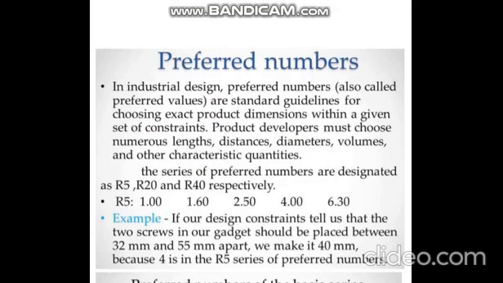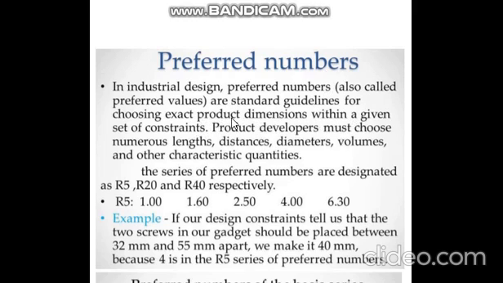Let us come to another topic called preferred numbers. In industrial design, in machine design, preferred numbers are the standard guidelines for choosing the exact product dimensions within a given constraint.